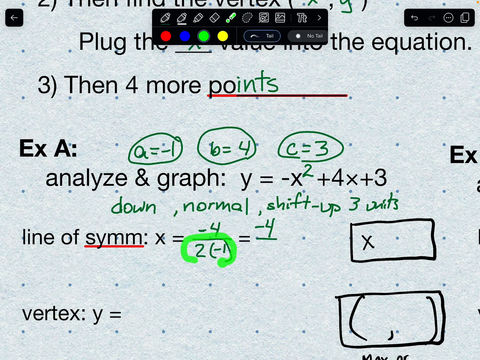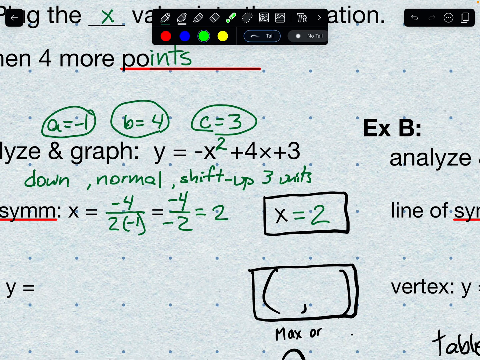What is 2 times -1? -2. What is -4 divided by -2? 2. So we have found the line of symmetry. Please always list it. Notice how I wrote x equals 2. It's really important that you write it as an equation, so it's not just 2, it's x equals 2.